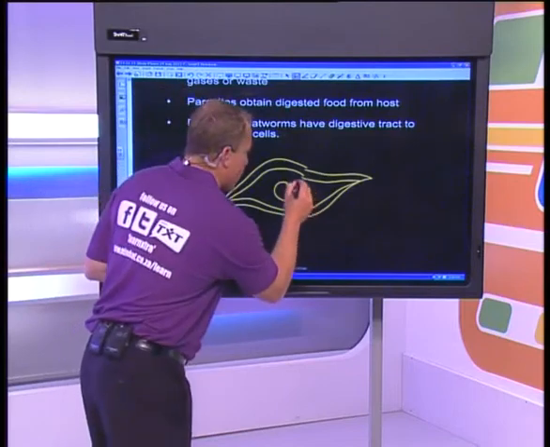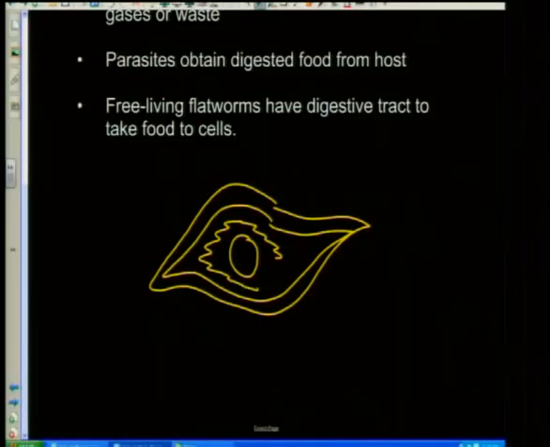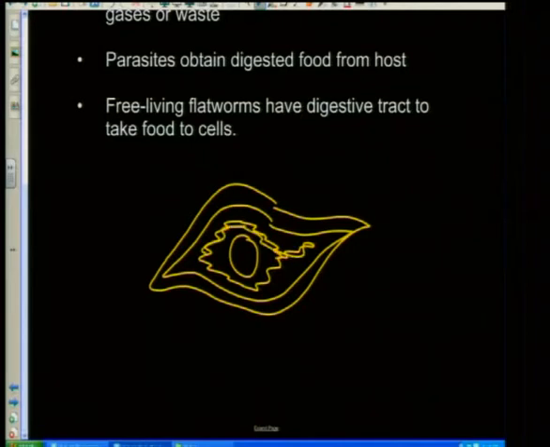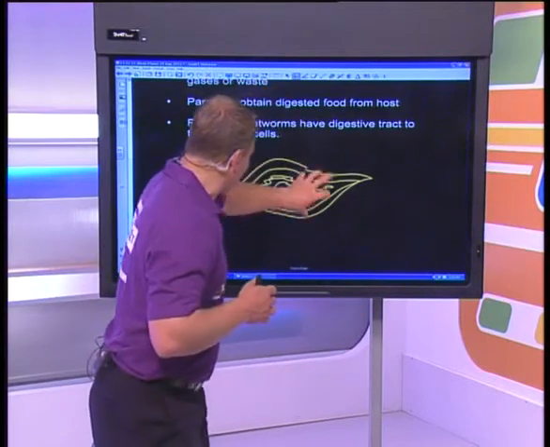This is a false coelom. Okay, it does not have a proper coelom. It's got a fluid filled space on the outside, but it doesn't have that lining.